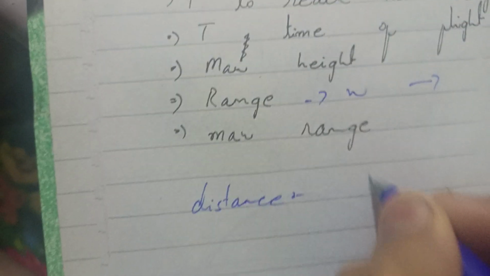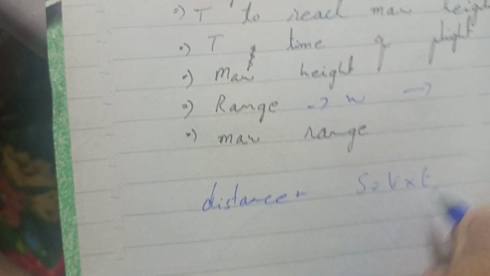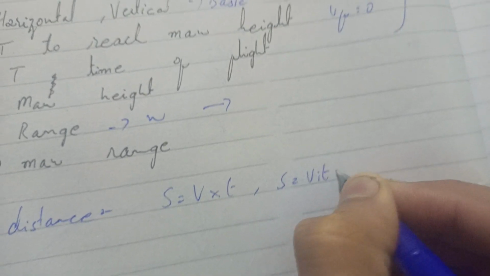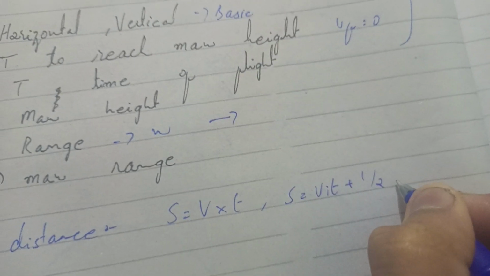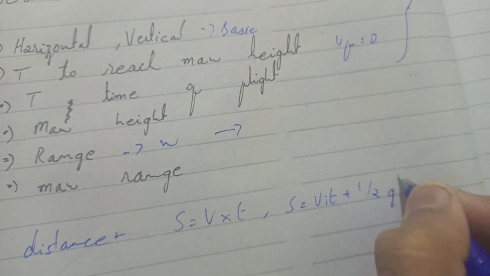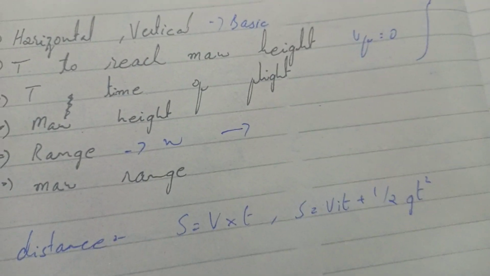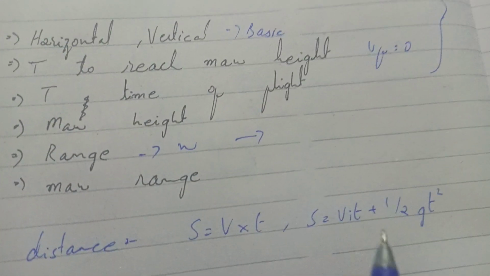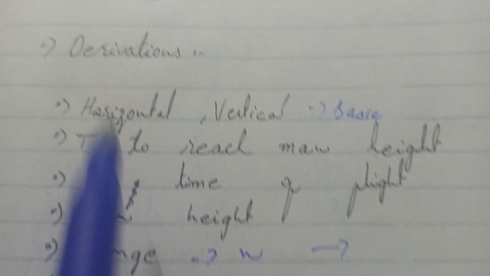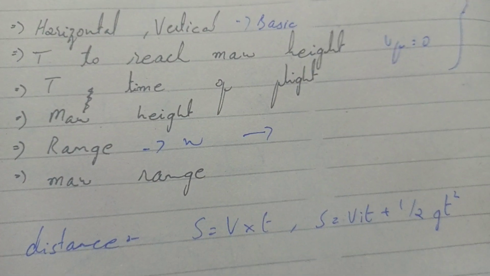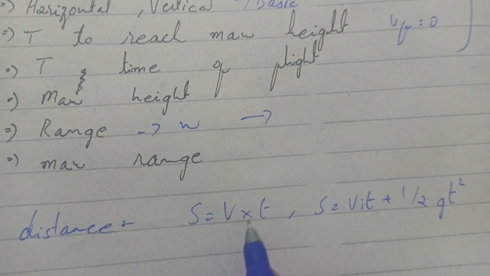So first of all, as we know, for the distance we have two formulas: s is equal to v into t, and s is equal to v_i t plus 1 upon 2 g t square. If I talk about the horizontal, which formula should I take? You will say this one.